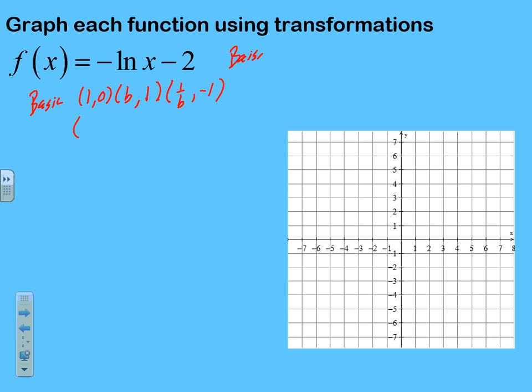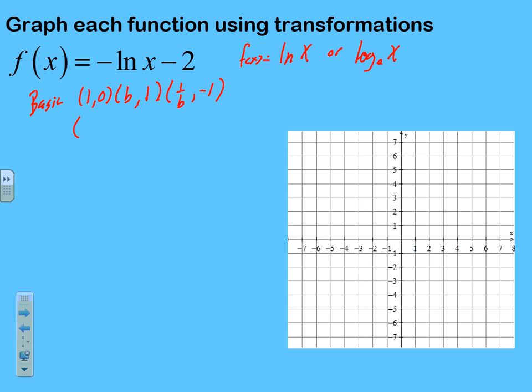The basic function with no transformations would simply be f of x is equal to the natural log of x, or if you need to write it this way so you can see the base more clearly, log base e of x.